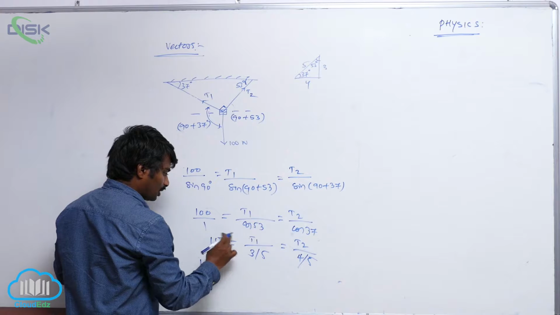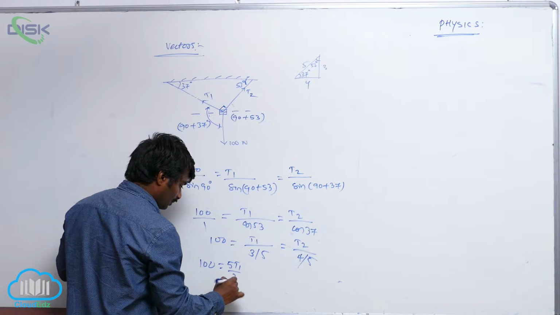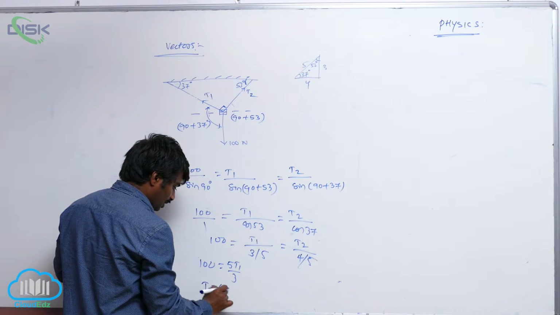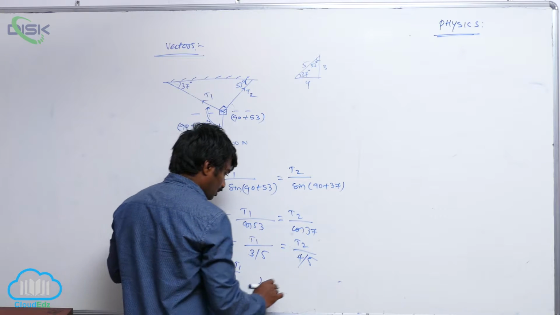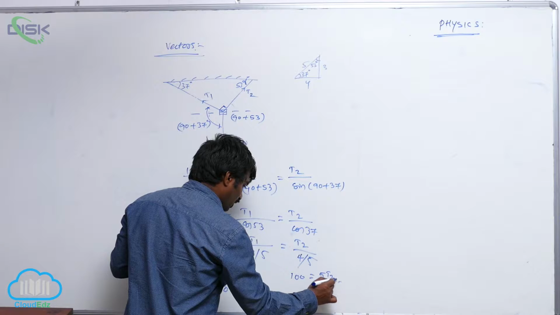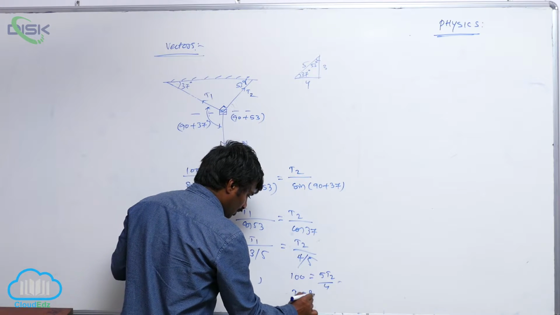So these two are equal and these two are also equal. 100 is equal to 5 T1 by 3. So 300 by 5, that is T1 is equal to 60 Newton, and 100 is equal to 5 T2 by 4. So 400 by 5, T2 is equal to 80 Newton.